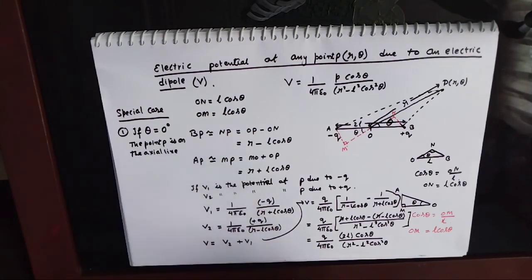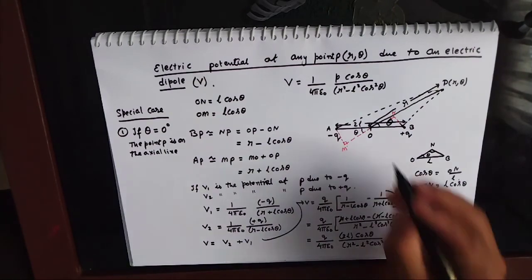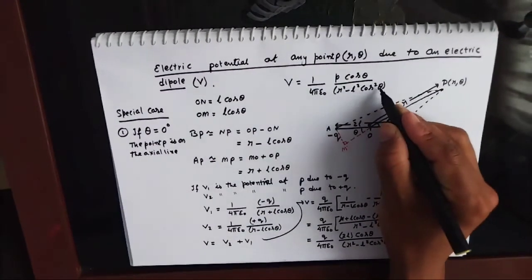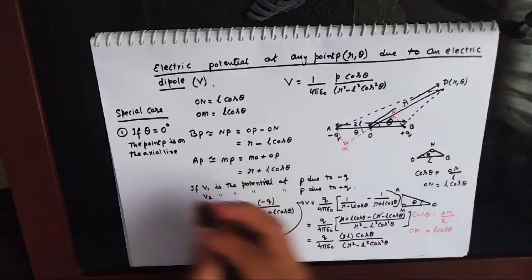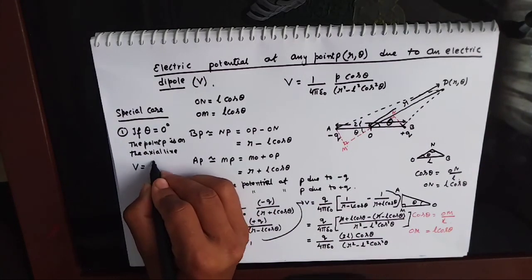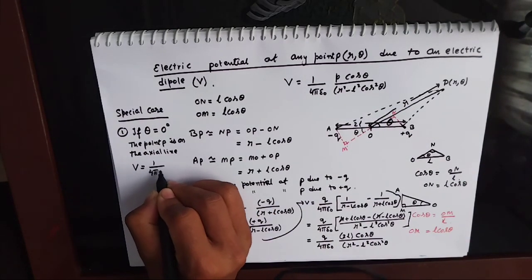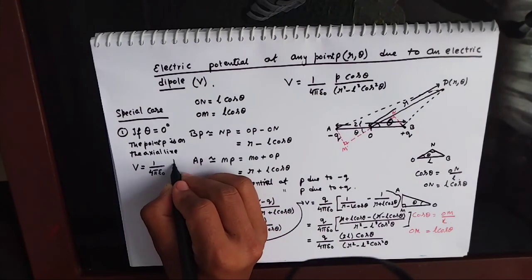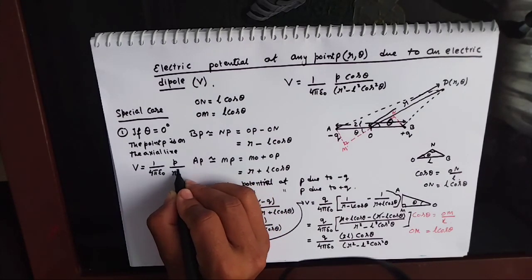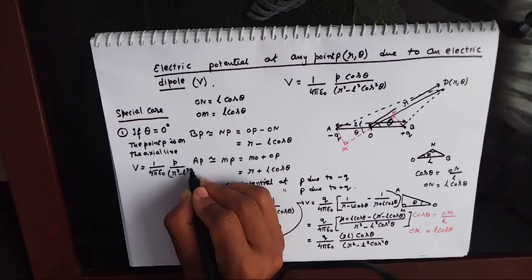If theta is 0, cos of 0 is 1, so here also cos of 0 will become 1. So what is the potential at P? It is 1 by 4 pi epsilon naught, then P divided by R square minus L square.